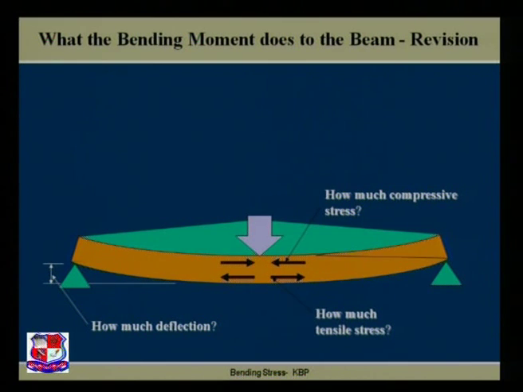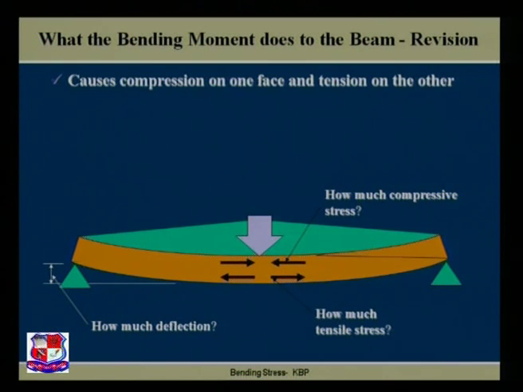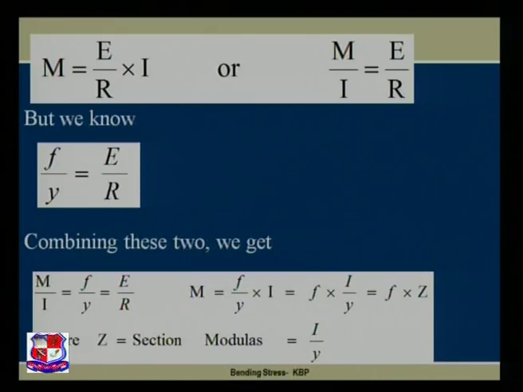What will the bending moment create? It causes compression on one face and tension on the other. If we consider a simply supported beam, then the top portion is subjected to compressive force and the bottom fibers are subjected to tensile forces. It also causes the beam to deflect.